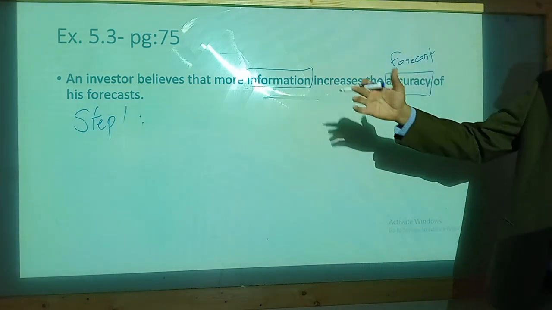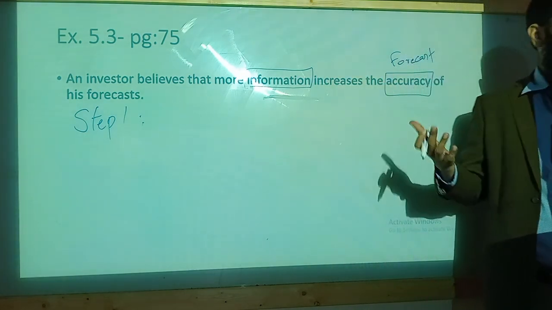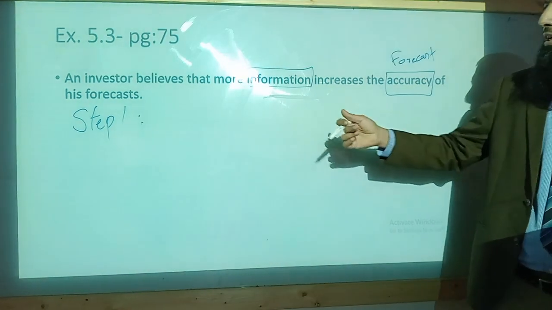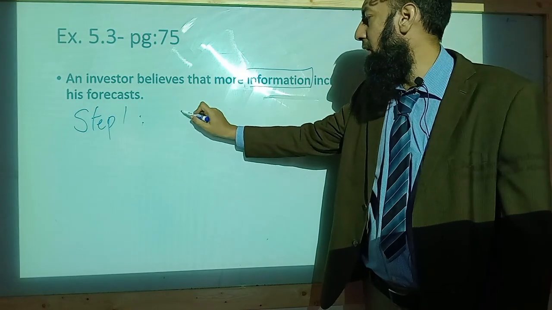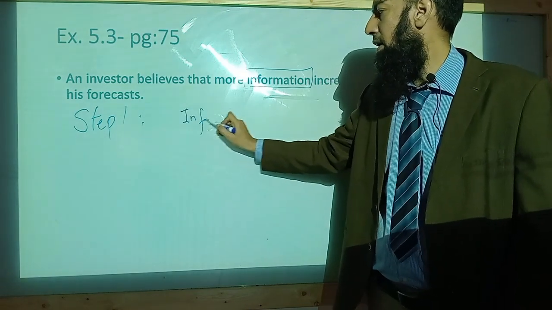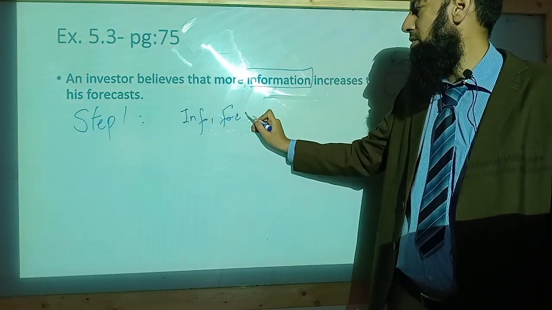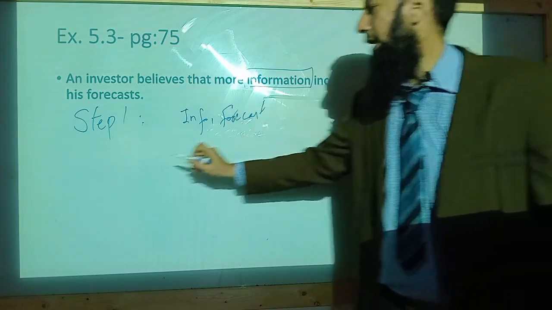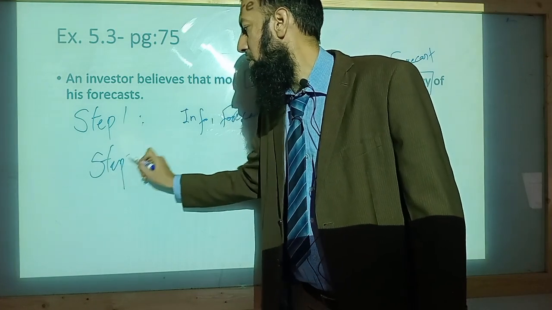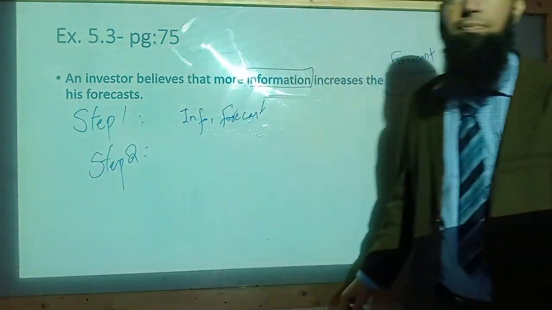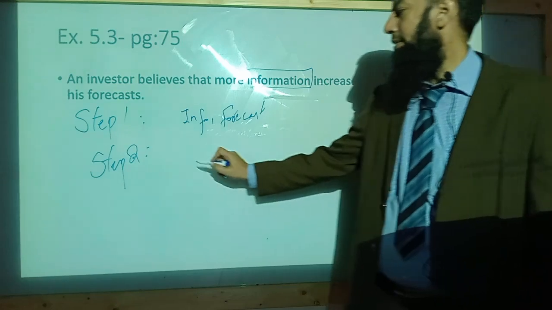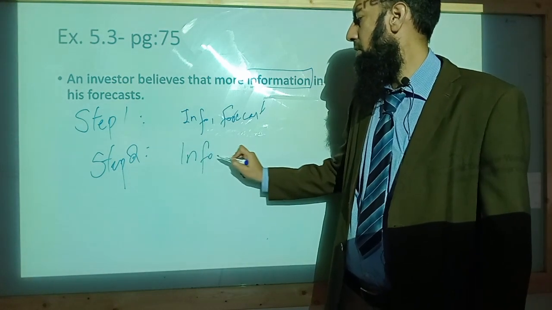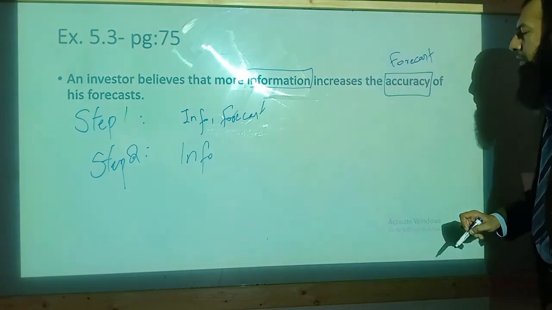Yes. Amount. Since we know the variable can be measured, obviously the amount is there. So step 1 is info and forecast are the variables. Step 2, what? Info is independent.